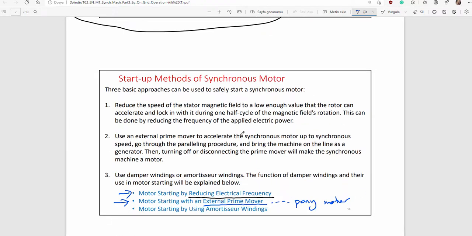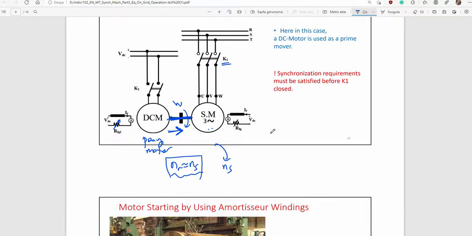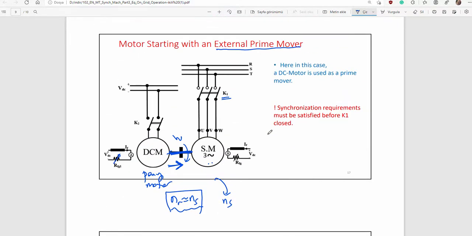Since they move at the same speed, there is a jump locking process. There will be some transients. Not to have transient currents here, synchronization requirements must be satisfied before closing K1. That is a must. Always synchronization must be checked if it is okay or not.